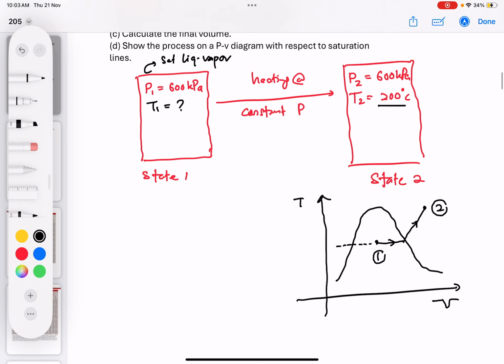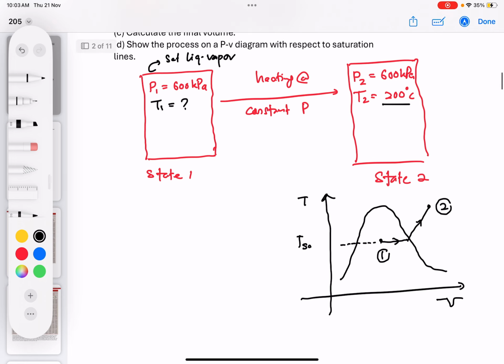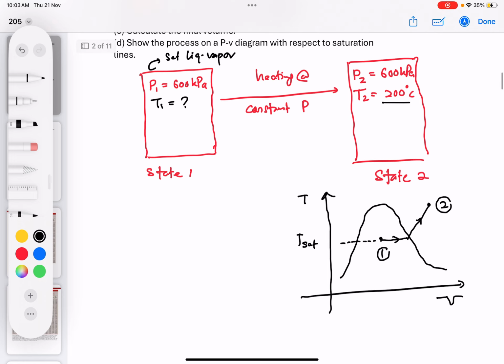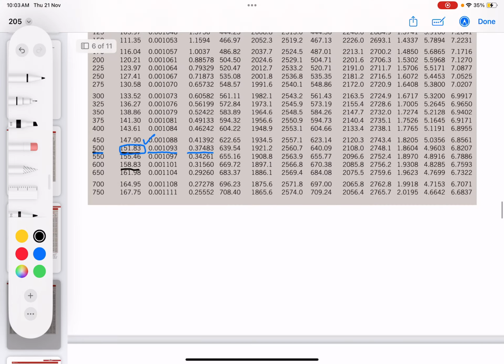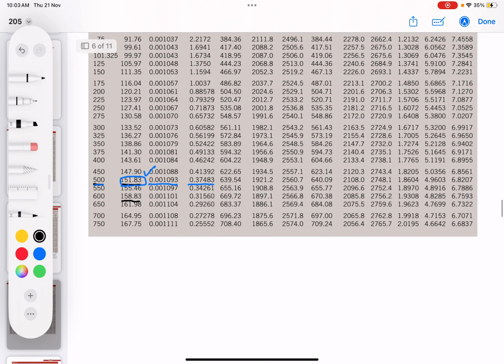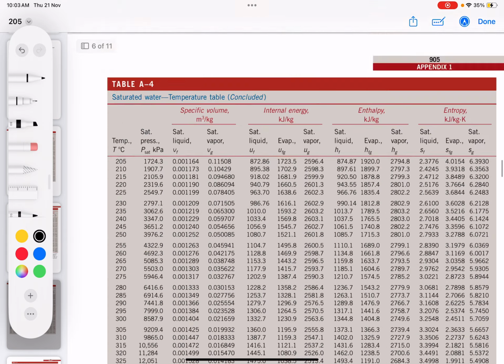By drawing this diagram, obviously the temperature for point 1 here is the saturation temperature for pressure equals 600 kilopascal. So for part A, my T1 equals the saturation temperature at 600 kilopascal, which, going back to table A5, 600, is 158.83.